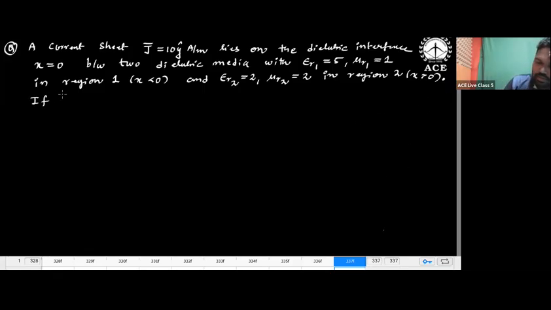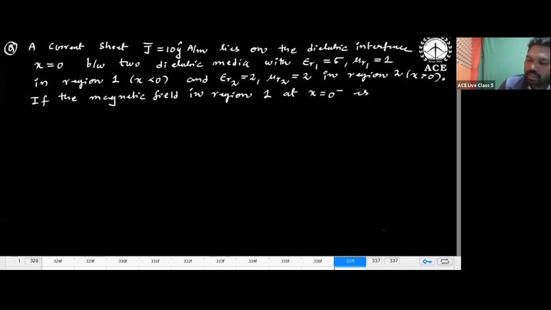If the magnetic field in region 1 at x is equal to 0 minus, that means just below the interface, is H1 is equal to 3x cap plus 30y cap ampere per meter.